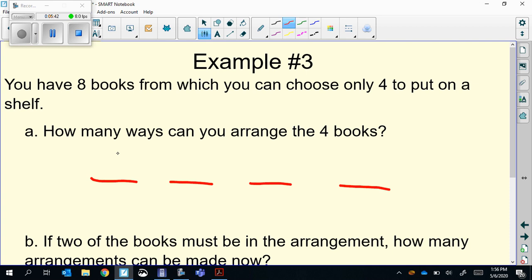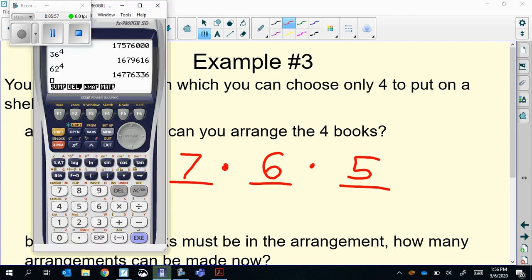We have 8 books to choose from, so you could put any of the 8 there. But now that that one's gone, we've got 7 options. Now that both of those are gone, there's only 6 options for that spot, and then this last one only has 5 options. So that's 8 times 7 times 6 times 5.